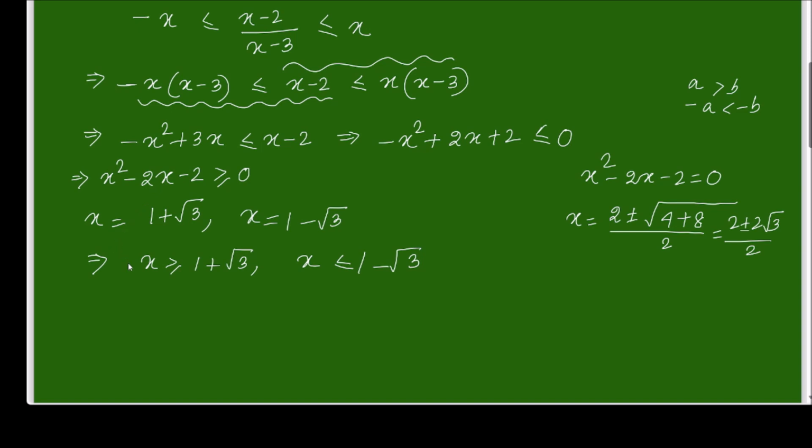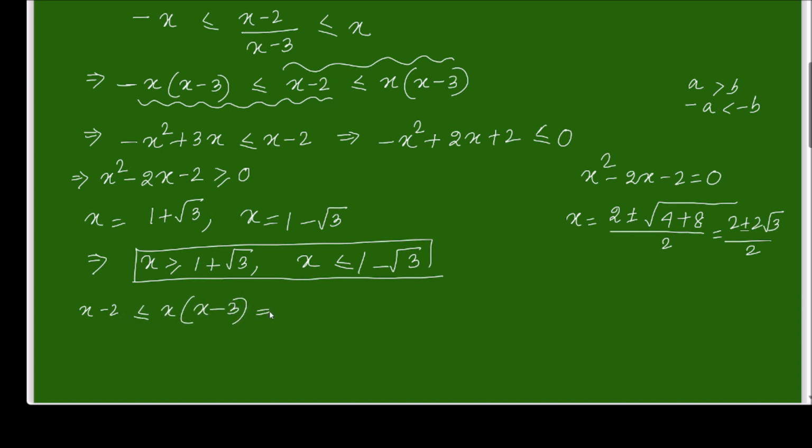Next, coming to the second one. Writing x minus 2 is less than or equal to x into (x minus 3), and simplifying, x minus 2 is less than or equal to x square minus 3x.